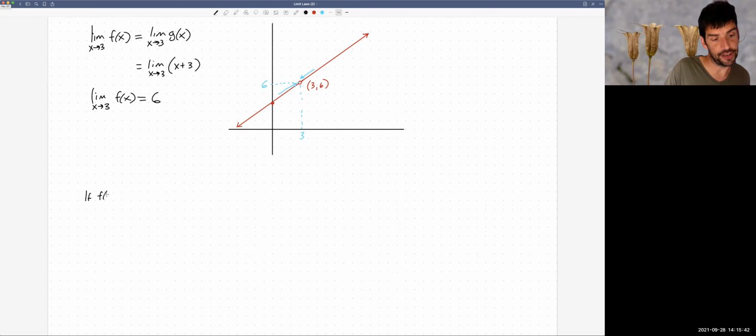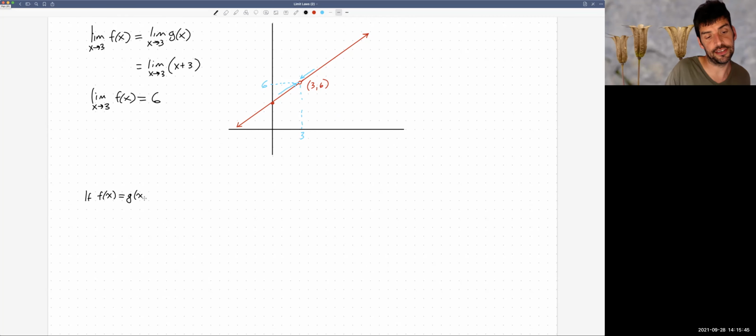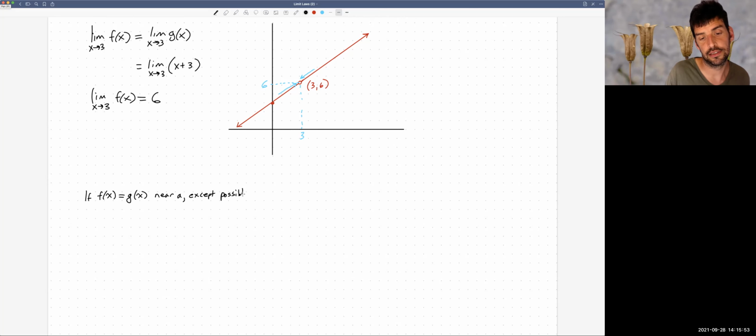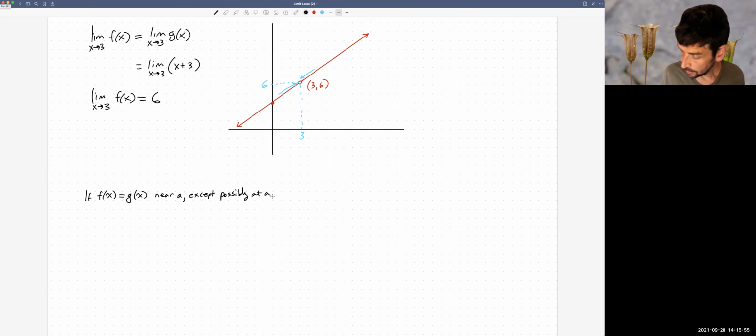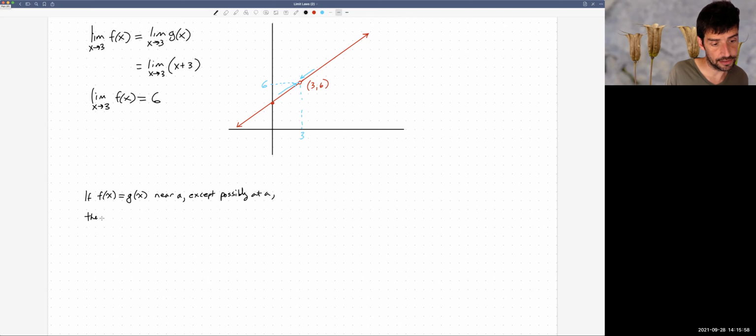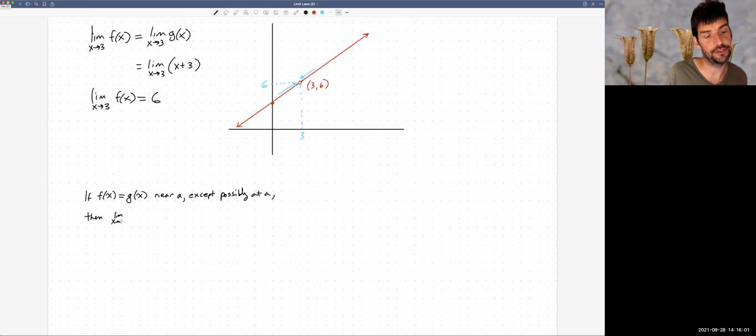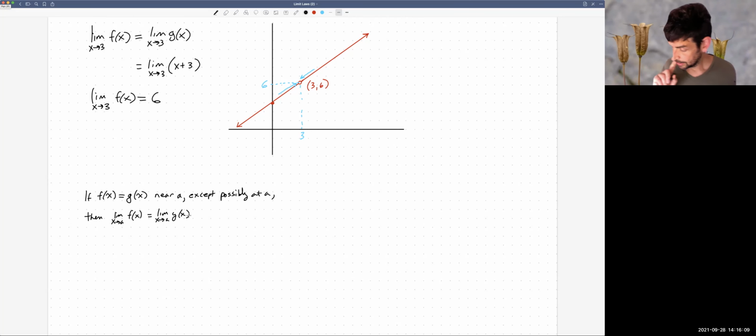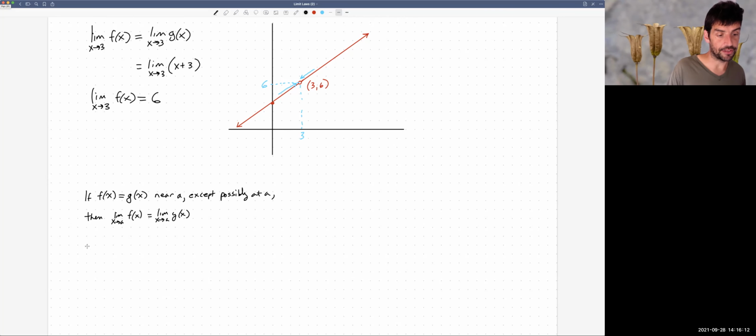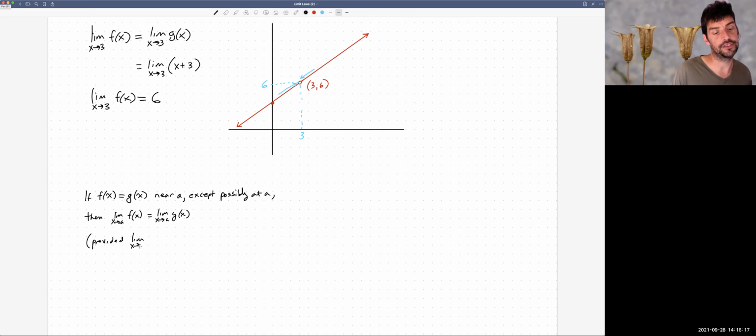If f of x is equal to g of x near a, except possibly at a, then the limit as x goes to a of f of x is equal to the limit as x goes to a of g of x. I'll put a parenthetical in here, provided the limit as x goes to a of g of x exists.